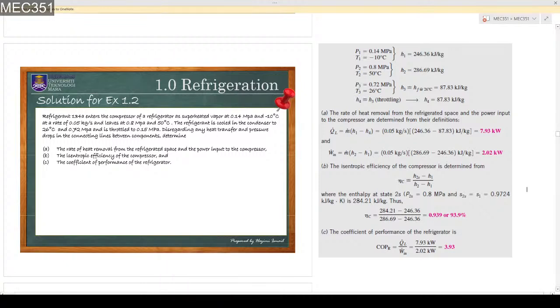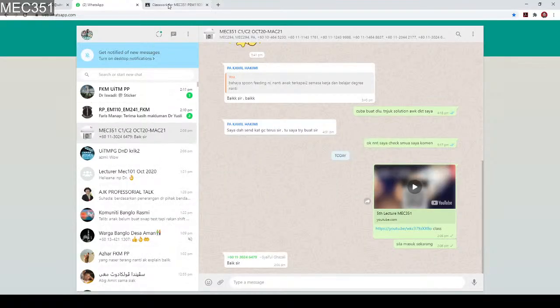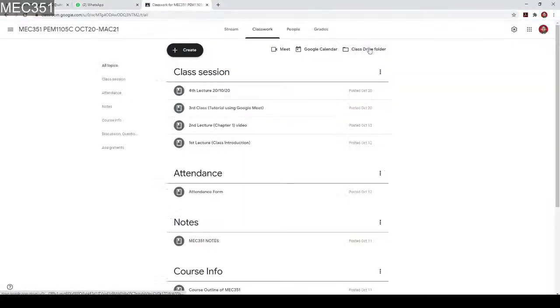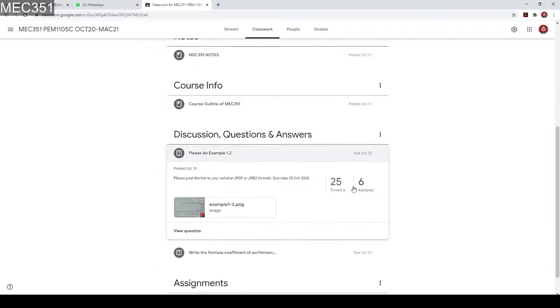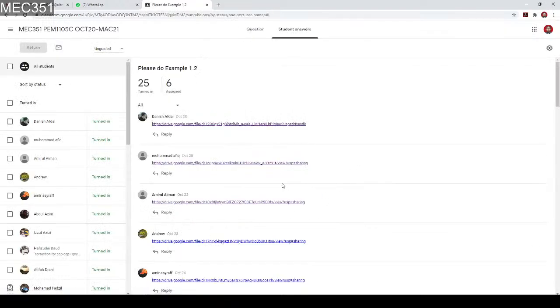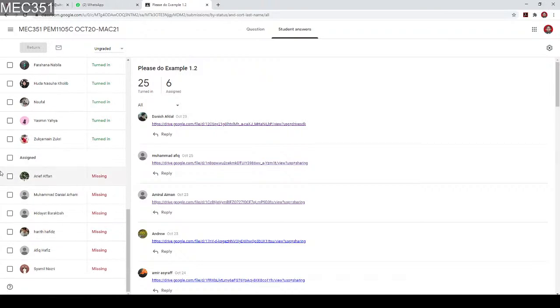This is the solution for example 1.2 that I gave to you before. Let me check who didn't do the classwork. There are still 6 students who did not post their answer: Arif Afan, Muhammad Daniel, Arham, Hidayat Barakpah, Haris Hafiz, Afiq Hafiz, Shamil Nazri.